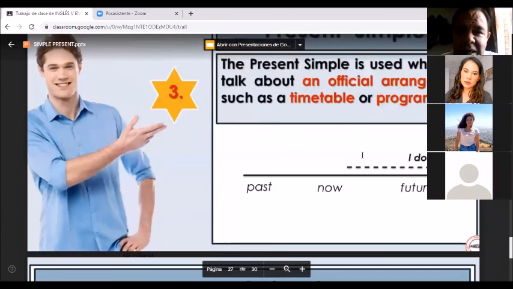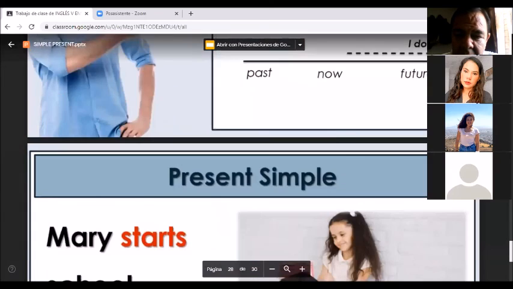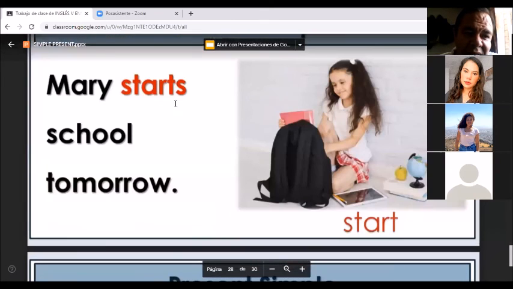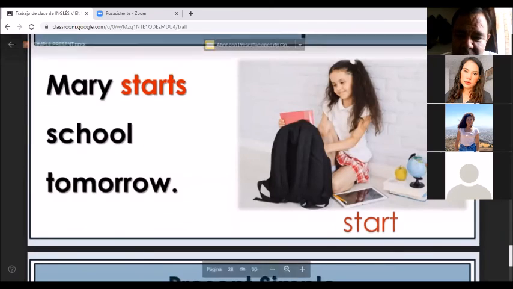The present simple is used when we talk about an official arrangement, such as a timetable or a program. Mary starts school tomorrow.